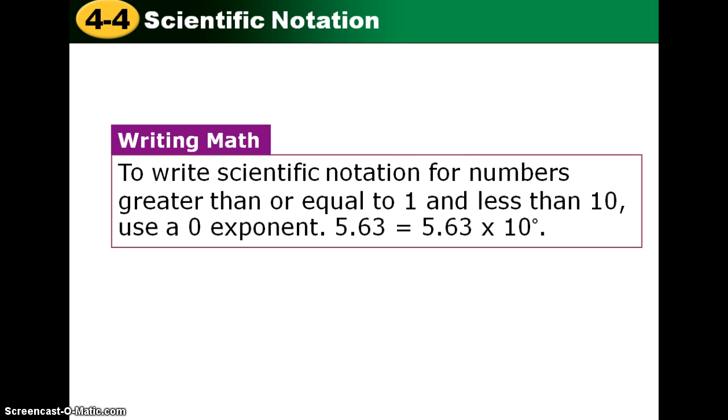To write scientific notation for numbers greater than or equal to 1 and less than 10, use a 0 exponent. So 5.63 equals 5.63 times 10 to the 0 power. We don't normally see that because that's not changing the value of the number at all, but that's what that would mean.